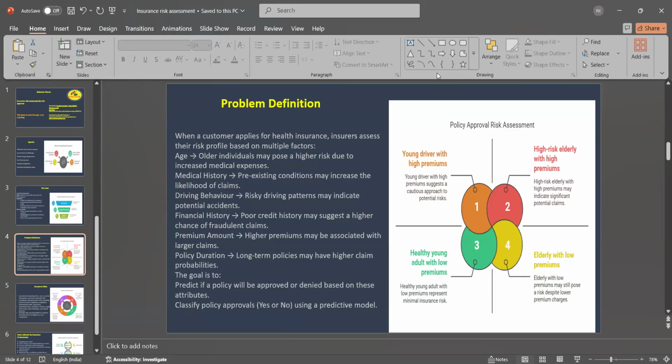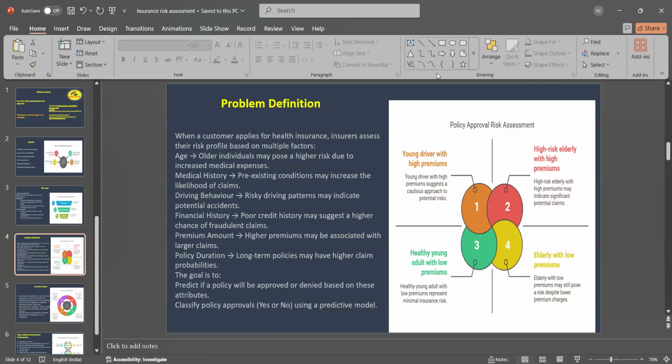Older individuals may pose a higher risk due to increased medical expenses. When the age is high, disease risk is high, and the medical expenses are not easy for the customer to pay. Second, medical history: pre-existing conditions may increase the likelihood of claims.